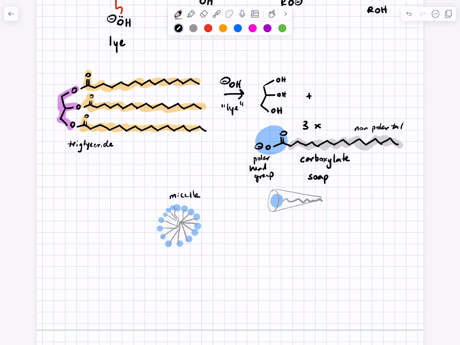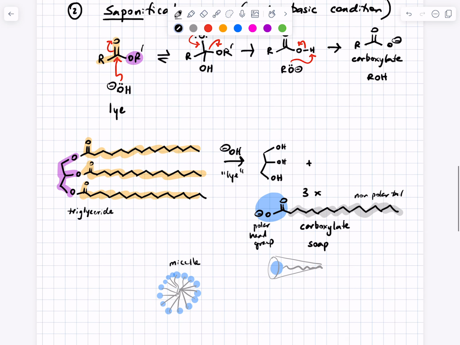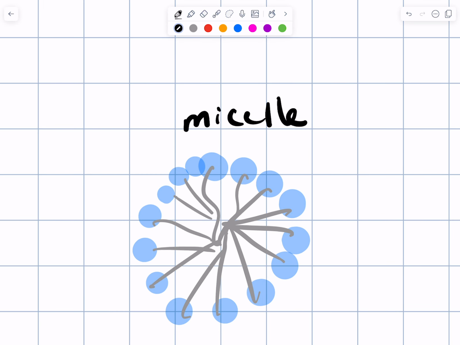So our ancestors have been using this as soap for tons and tons of time, but it's based on a reaction that we know, saponification. Okay, any other questions? Any more you want to say about that? Yeah. So is the grease molecule in the middle? Yeah, so the greasy stuff would tend to be with the nonpolar tails of each of these carboxylate groups in the middle, and other grease molecules could be imported into the interior and then float away.